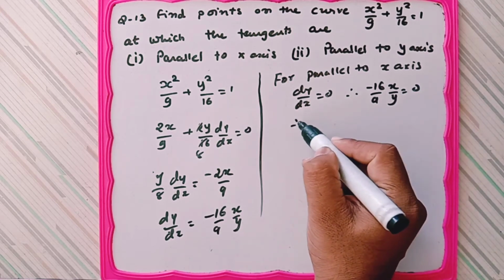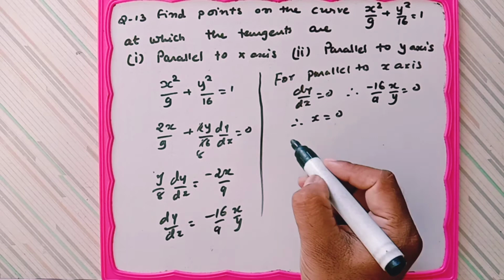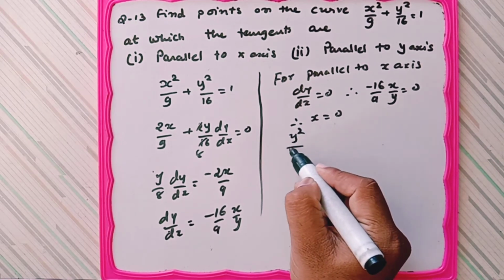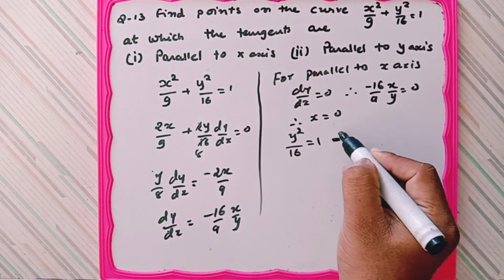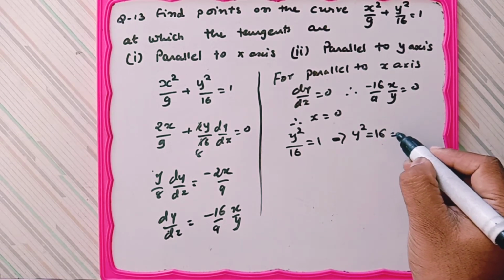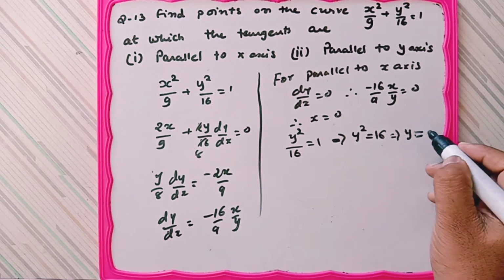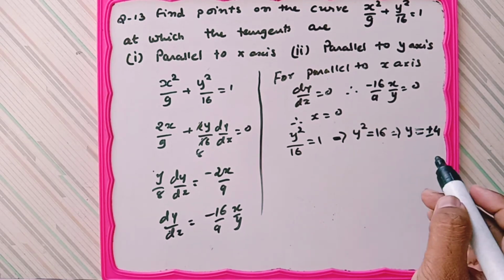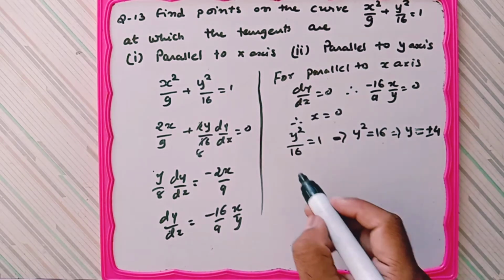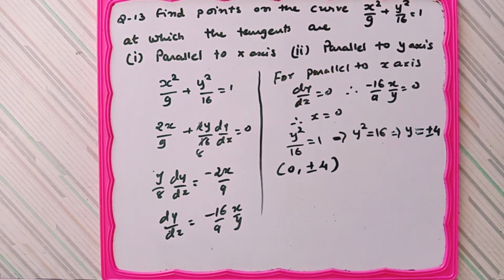Therefore x equals 0. With x equals 0, from the given equation y square by 16 equals 1, so y square equals 16, and so y equals plus or minus 4, and so the tangents which are parallel to the x-axis are at the points (0, plus or minus 4).